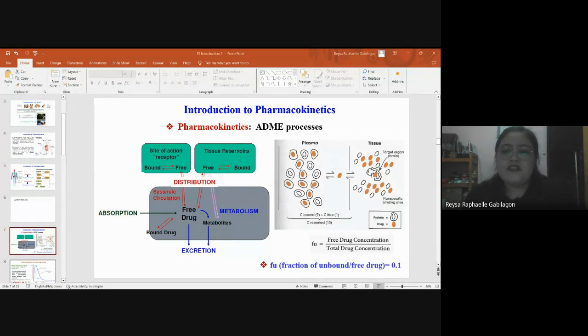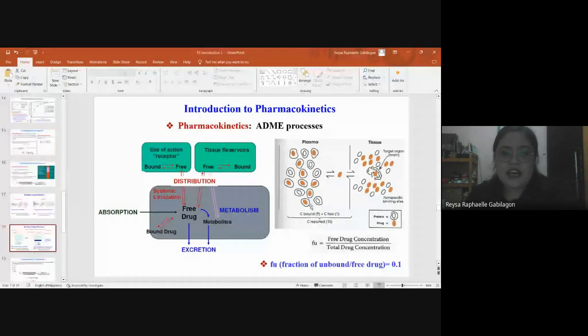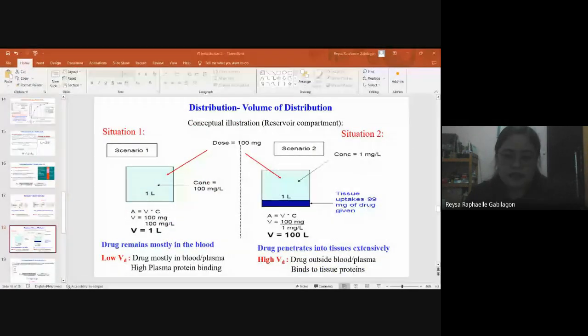The volume of distribution is 100 liters. So as you can see, the volume of distribution here in the scenario 2 is much, much higher. And that would mean the drug is out from the blood, meaning nasa tissues na siya. Okay, yung isa, nagstay pa sa blood.